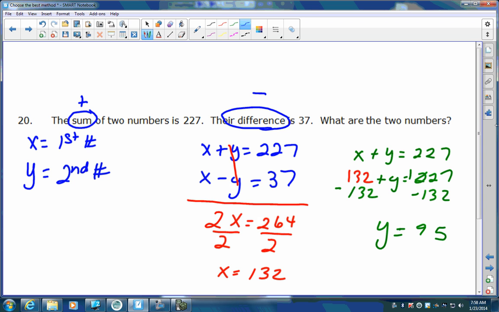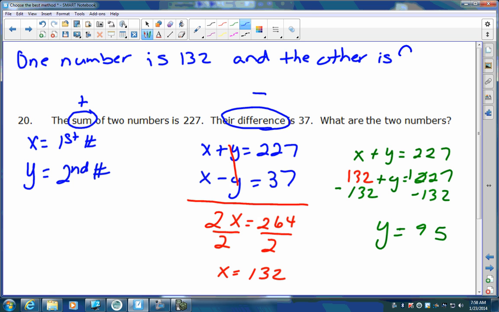So when it asks us to write it in a sentence, I don't even say first. I just say one number is 132, and the other is 95.